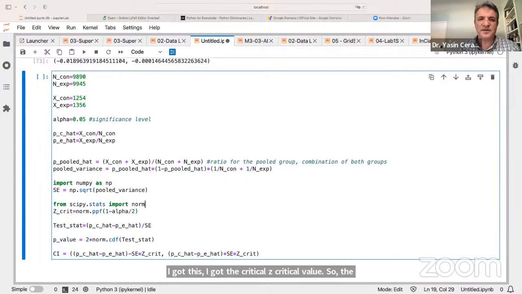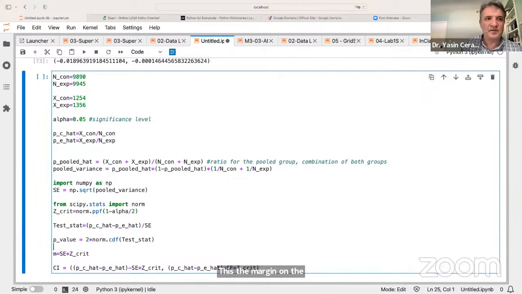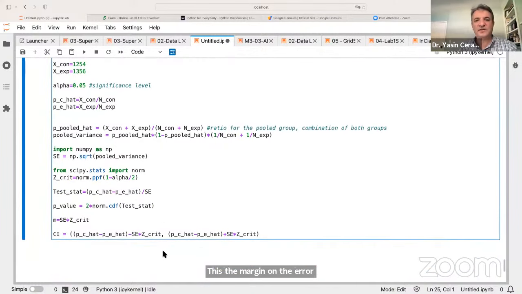And then I got the test stat, Z critical value, and the M value. This is M, the margin of error. And I got the confidence interval. I think we covered almost everything that I planned to cover. I hope I didn't forget anything.